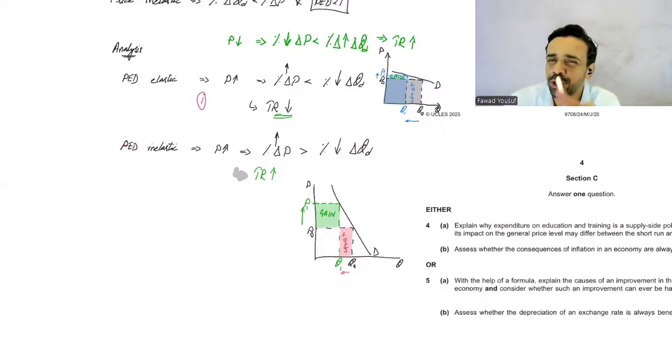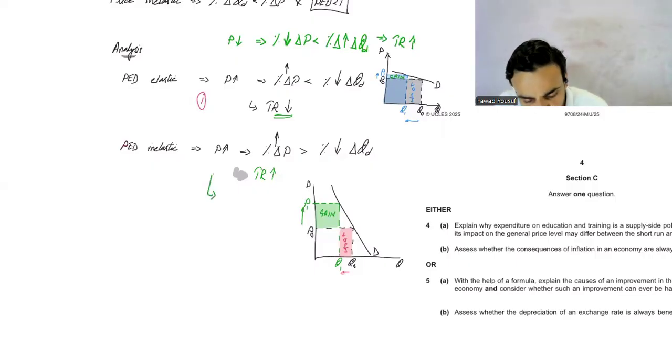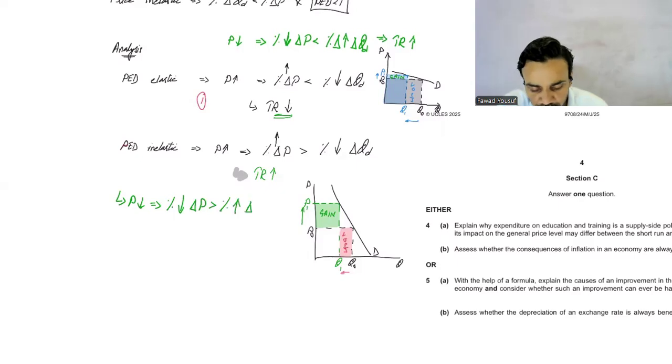Just by writing this, you're not going to get your third mark. You must make sure कि तुम price fall के साथ भी you talk about the whole thing, that if the price falls, in case of an inelastic के case में, we know that the percentage fall in price will be greater than the percentage rise in the quantity demanded, and that will cause the revenue to fall, right?